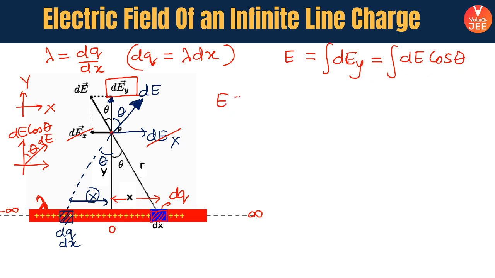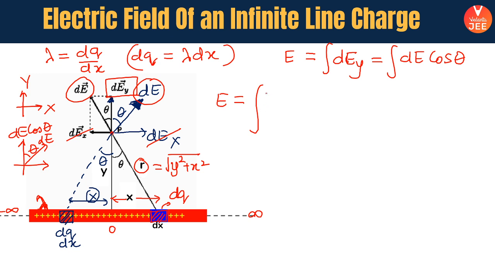So guys, let's try to write down dE, this vector, which is written for this charge element which is at a distance r. And what is r? r is the square root of y square plus x square. Okay guys, so let's write that.